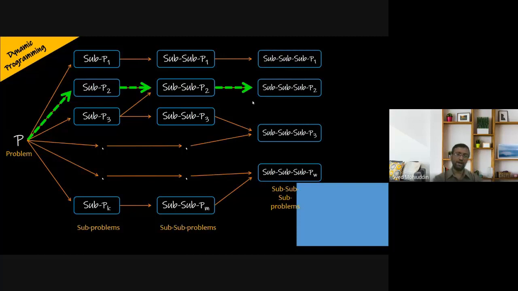Now there may be another path. For example, from problem P, a decision is made to choose sub-problem P3, which will give us a sub-sub-problem P2, which can be solved. So here we are having two solutions.